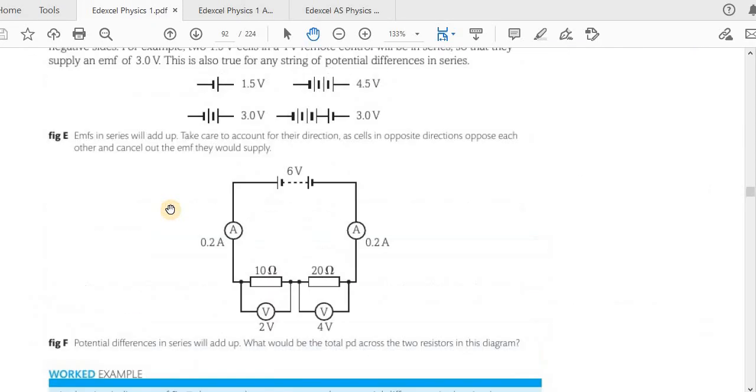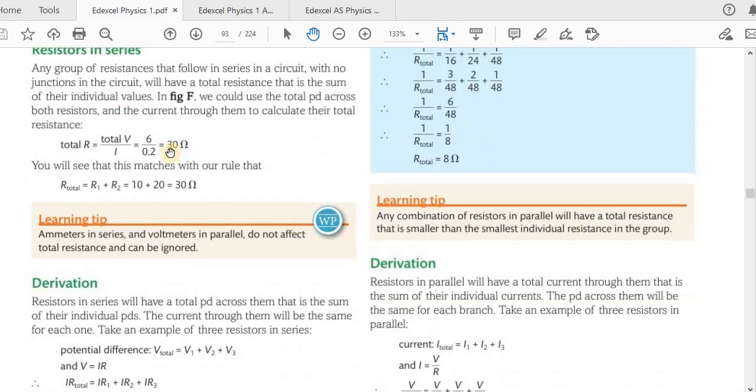How do we get that? 6 is the potential difference between this point and this point, that is 2 plus 4, 6. Then using Ohm's law, 6 divided by the current, 0.2, we get 30 ohms. And this is the simple way to do it. You can simply add the individual resistances to get the total resistance.